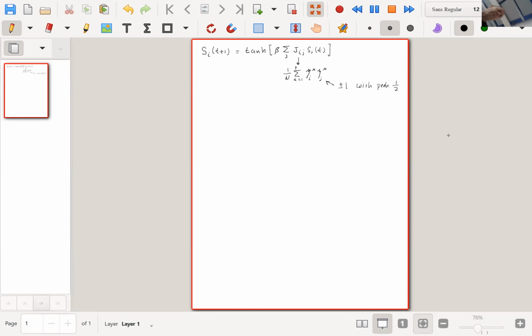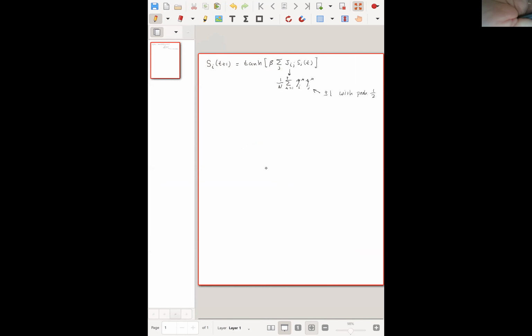When we do that, this whole term right here becomes beta times the sum on mu of eta_i^mu times 1 over n, the sum on j of eta_j^mu S_j of t.